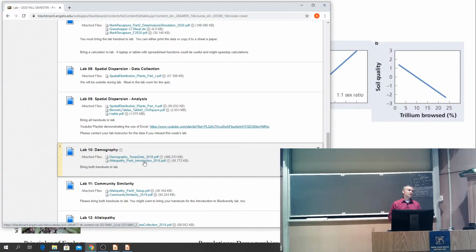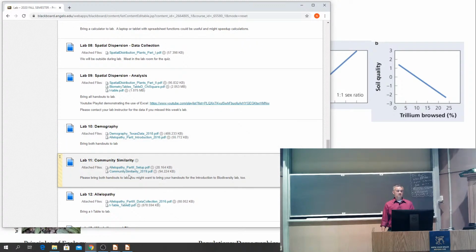You have to actually come up with your experiment, make our leachates and so forth, so that the next week, when we do our community similarity lab, you're going to set up the allelopathy lab so that it runs for a week, and then the week after that, we'll collect our data. So the allelopathy lab is technically like 3 different handouts. Make sure you read them.